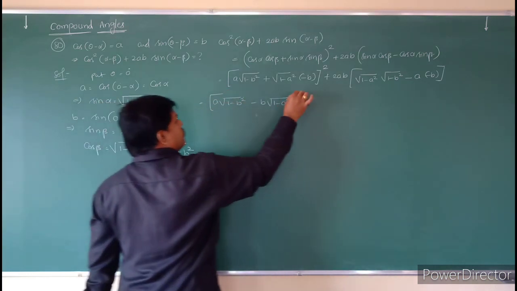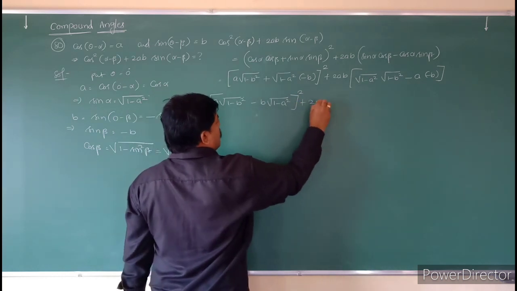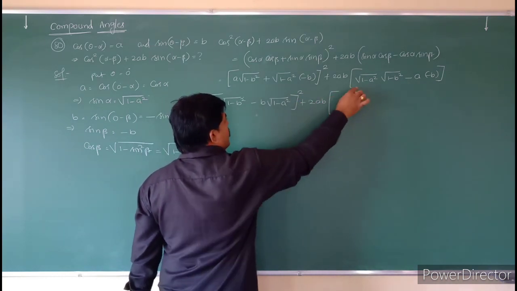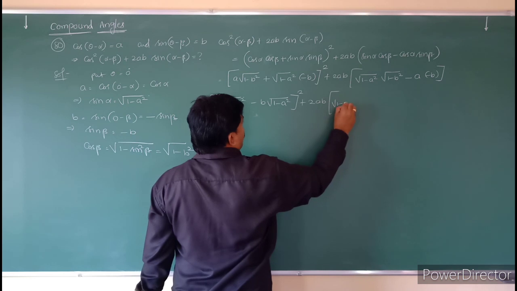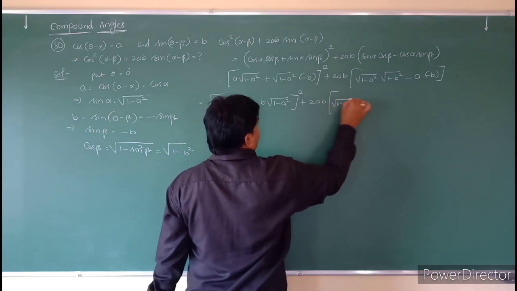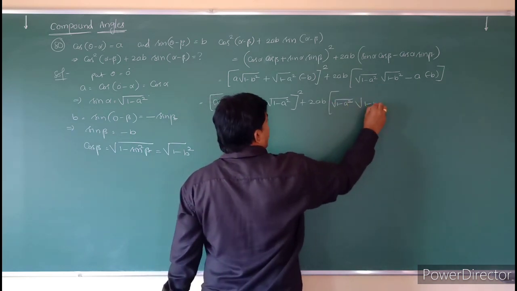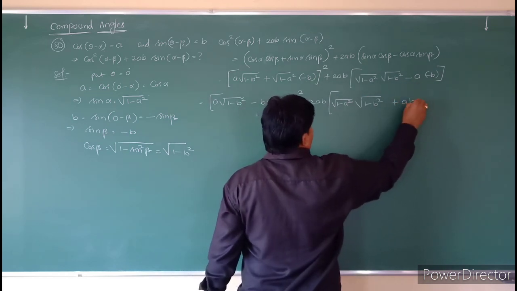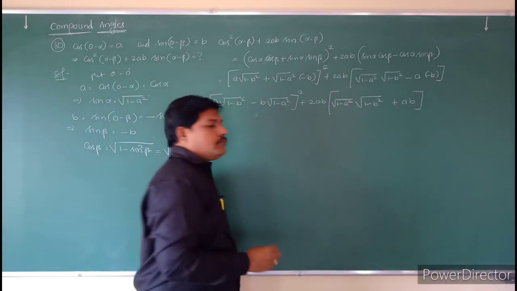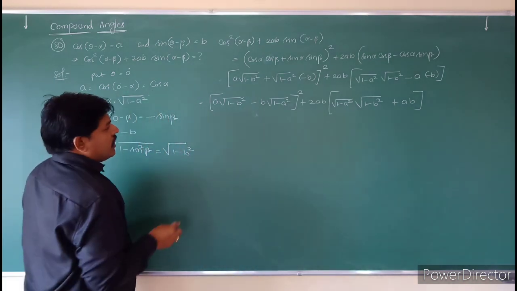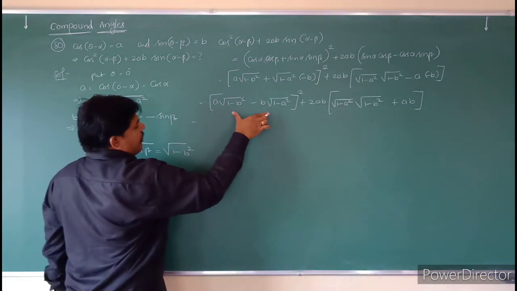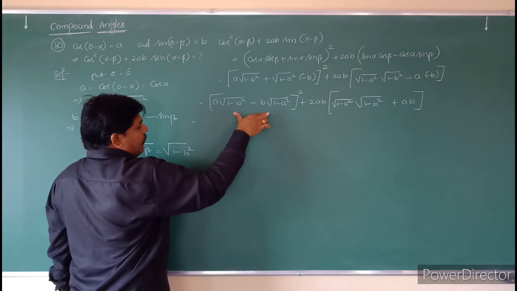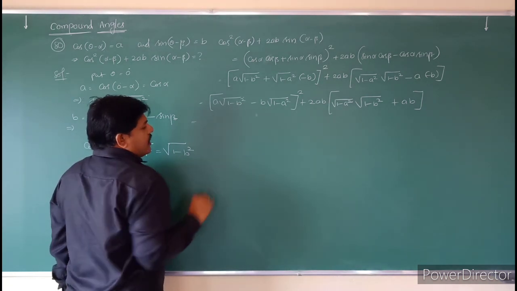whole square plus 2ab into, expand that, root of 1 minus a square root of 1 minus b square minus ab. So expand that, you will get the answer. This is the (a minus b) whole square, students: a square plus b square minus 2ab.